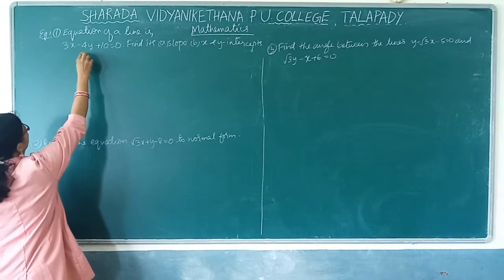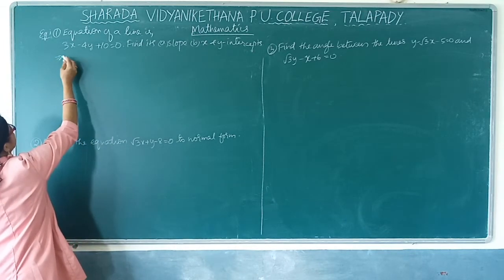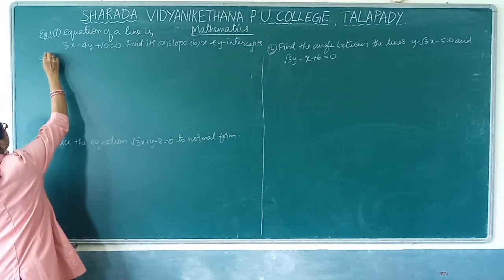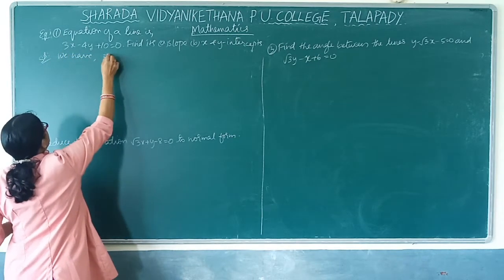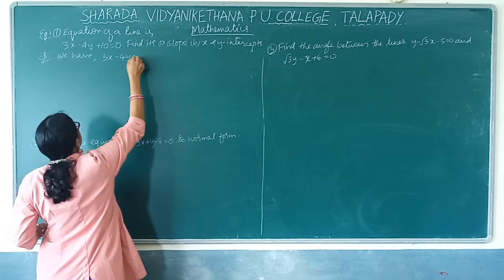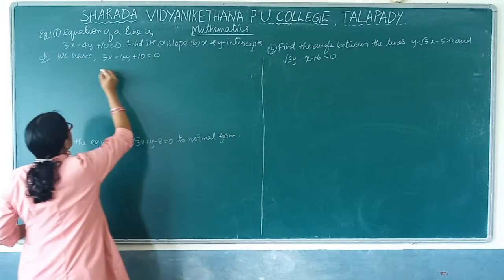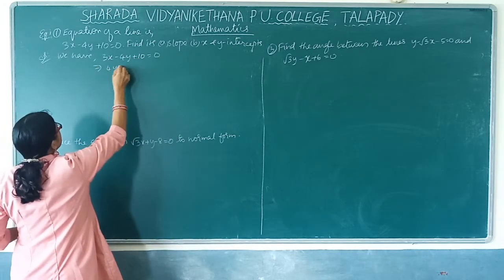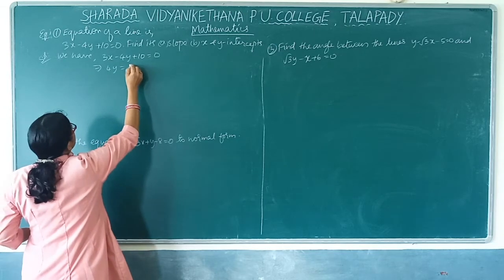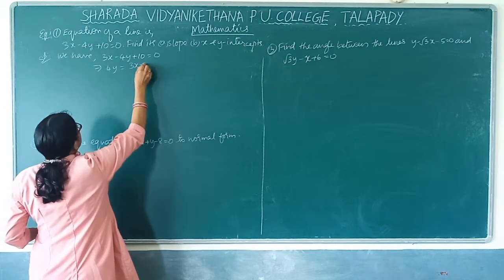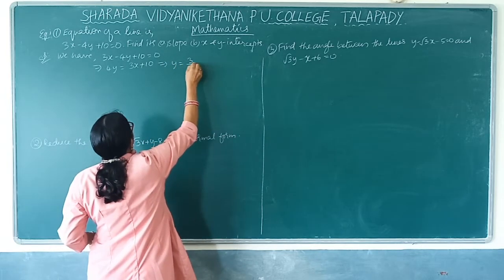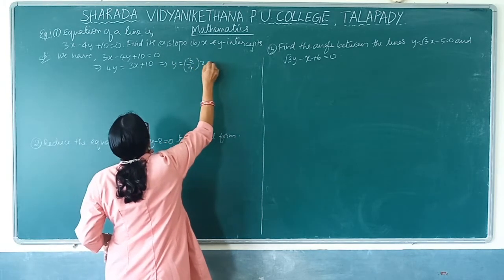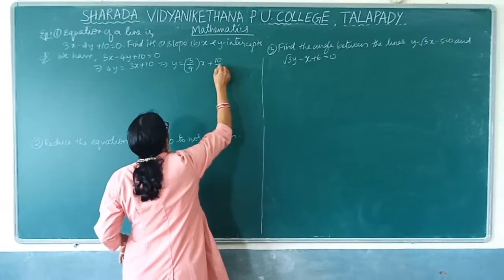So we will take 4y to the other side. What do we get? First we have the equation of the line, 3x minus 4y plus 10 is equal to 0. So 4y is equal to 3x plus 10, which implies y is equal to 3 by 4 x plus 10 by 4.